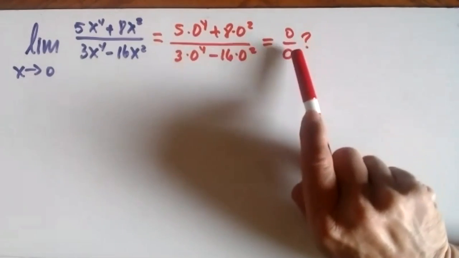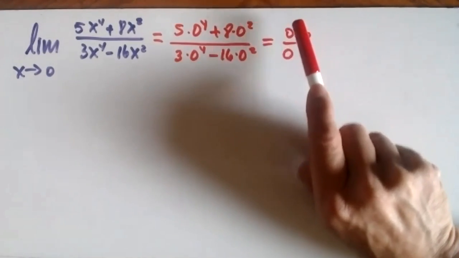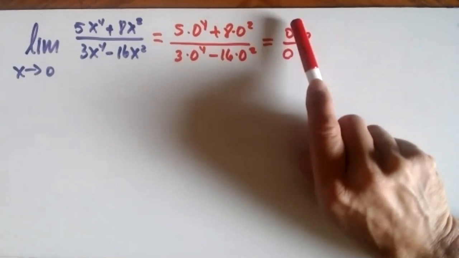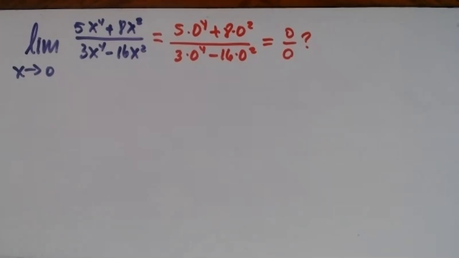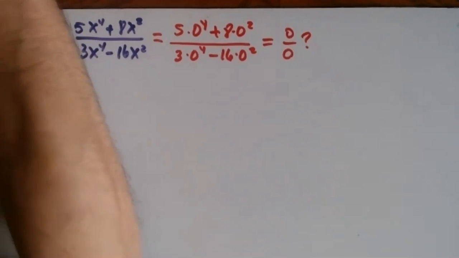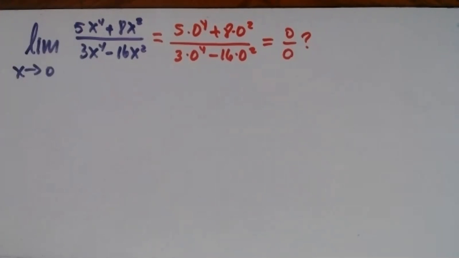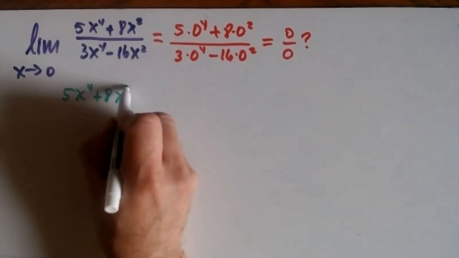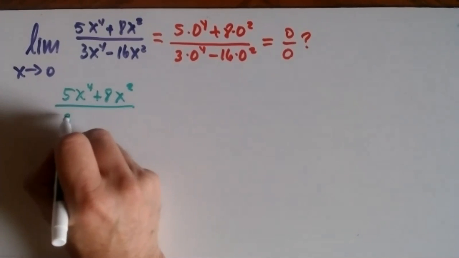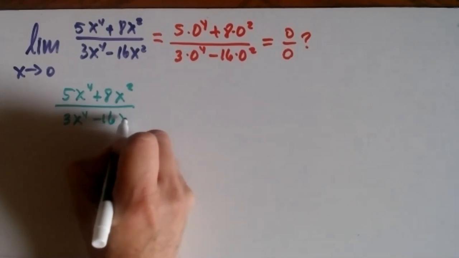But remember that a 0 over 0 means that something at the top can be canceled with something at the bottom. So I have to do my algebra. Okay, green. So 5x to the 4 plus 8x squared over 3x to the 4 minus 16x squared.